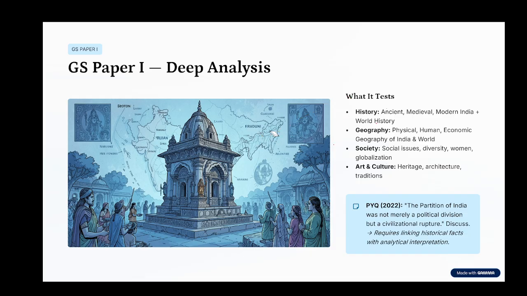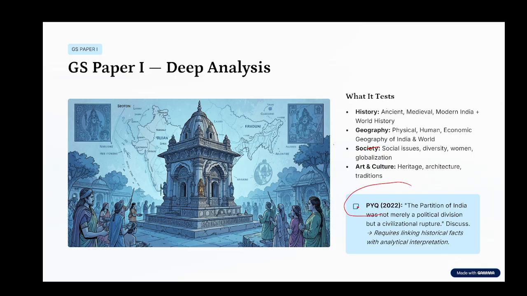Whereas geography is related to environment, climate, where we will study physical, human and economic geography of India and the world. Coming to society, we will discuss societal issues, diversity and globalization. Whereas in art and culture we will discuss heritage, architecture and tradition.